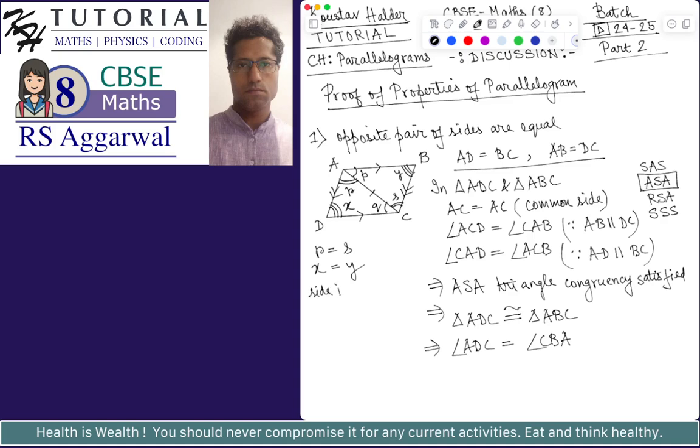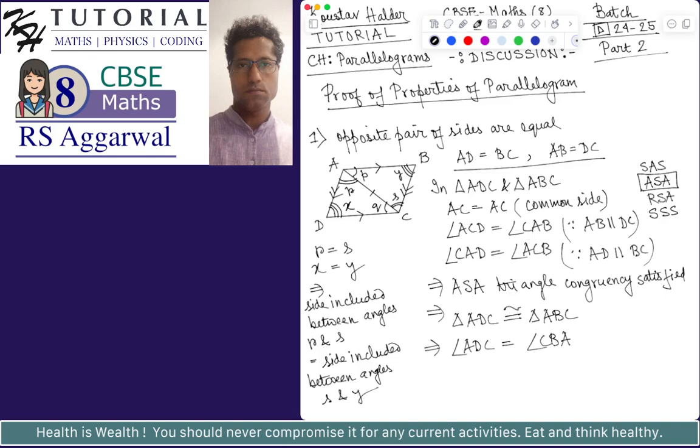Based on the fact that the two triangles are congruent, this should imply the side included between angles R and x should be equal to the side included between angles S and y.